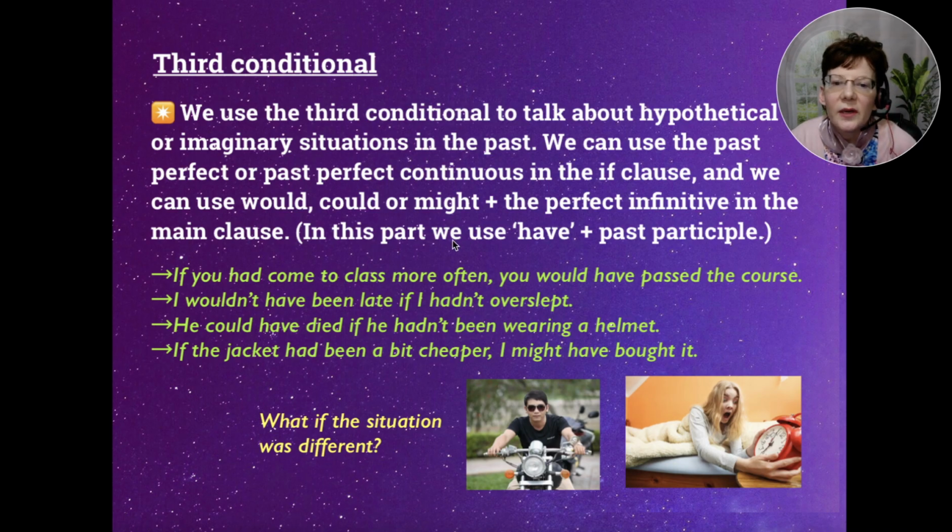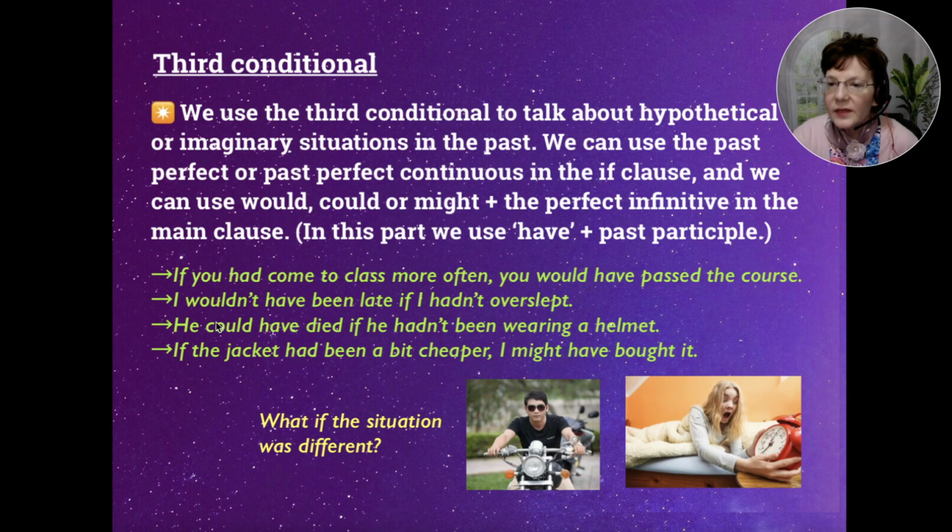In this part, we use have plus the past participle. So we have, if you had come to class more often, you would have passed the course. So using here in the if clause, past perfect, had come, then you would have passed the course. So we've got would plus the present perfect here.